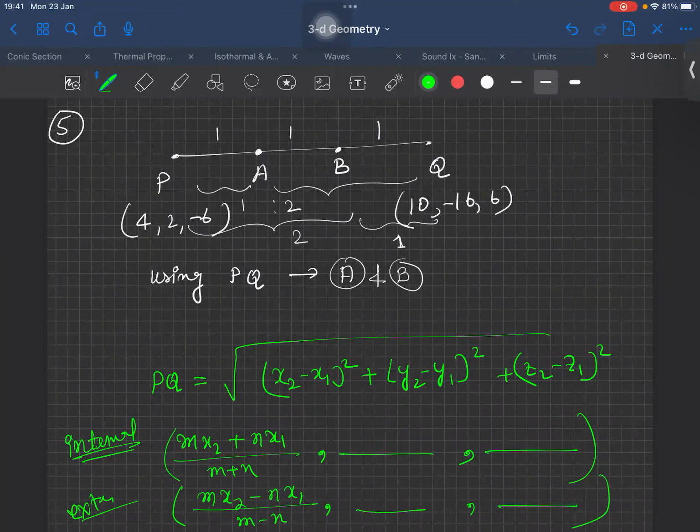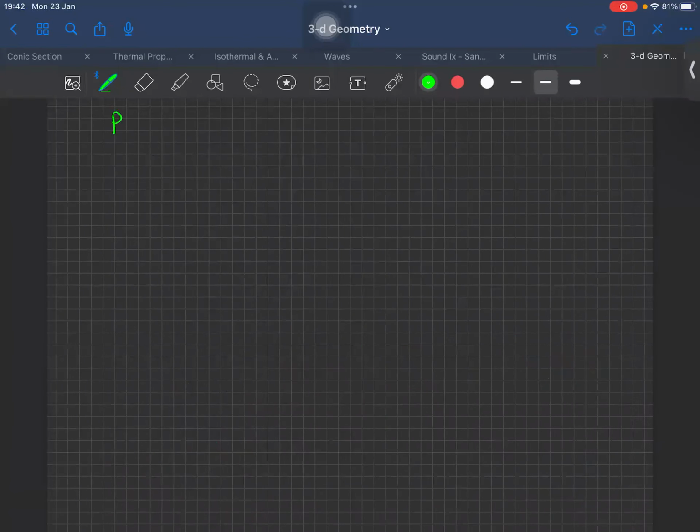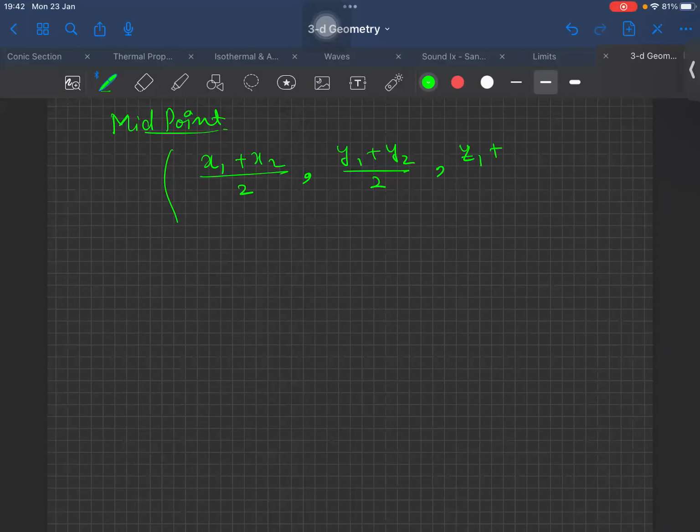Okay. So that's all. And the coordinate of the midpoint of a line segment also we know. So the midpoint coordinate will be what? This will become (x1 plus x2) divided by 2, (y1 plus y2) divided by 2, because the ratio is 1:1, (z1 plus z2) divided by 2. That is the midpoint.